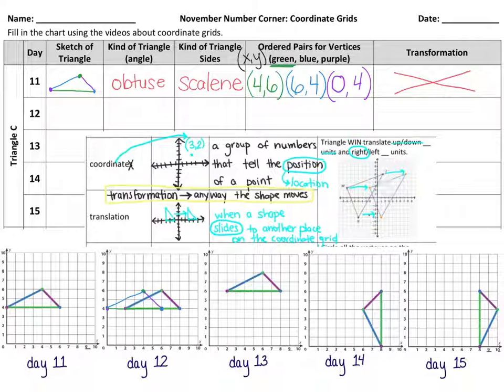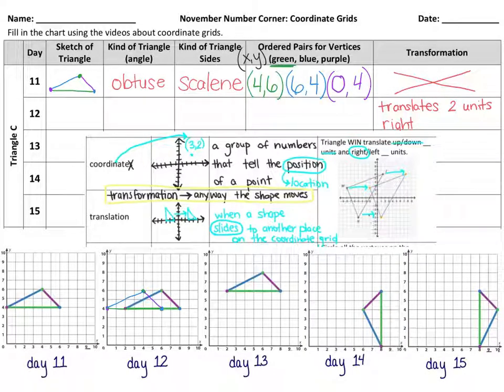So just like this, it slid over. So here we're going to write that it translates how many spots? 2, and we call them units. Which direction? Right. So it translates 2 units right.